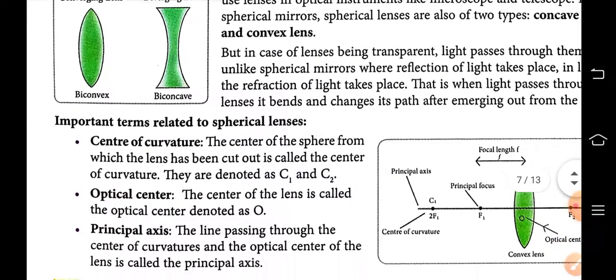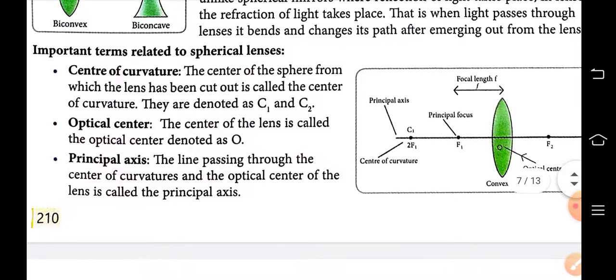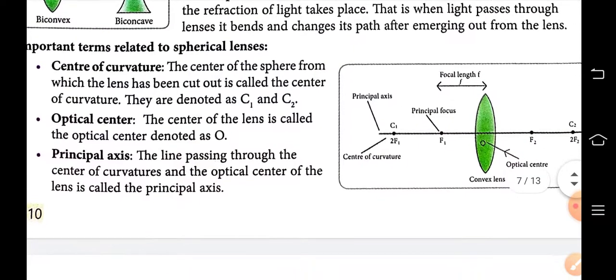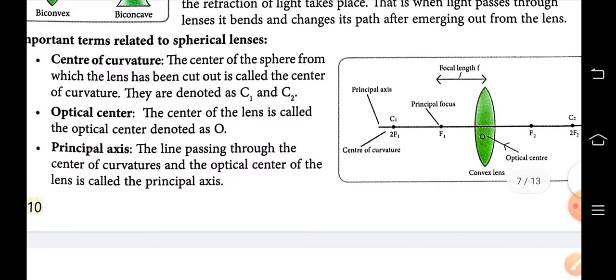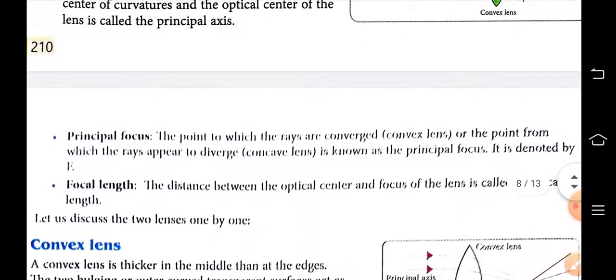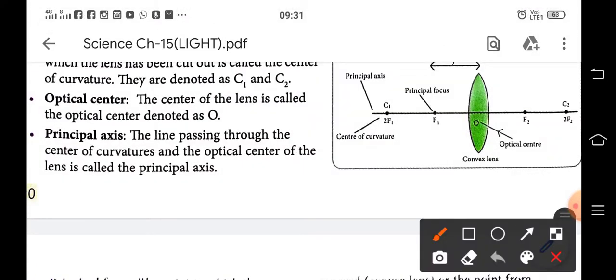So, important terms related to spherical lenses, same as the spherical mirror: center of curvature, then center, here it is known as optical center, principal axis, principal focus, and focal length. First is center of curvature.